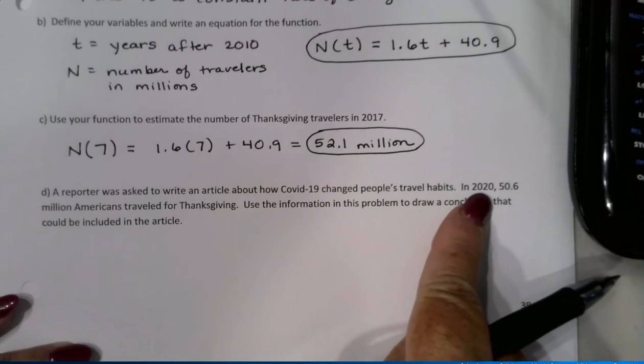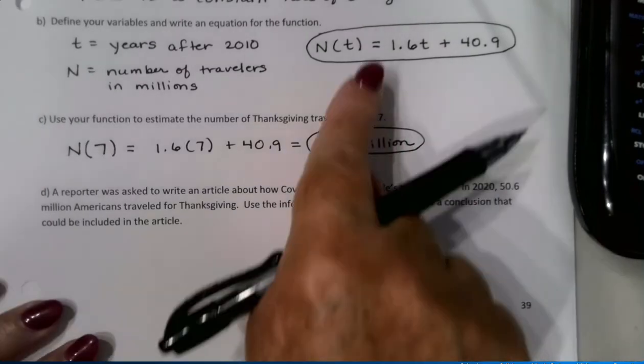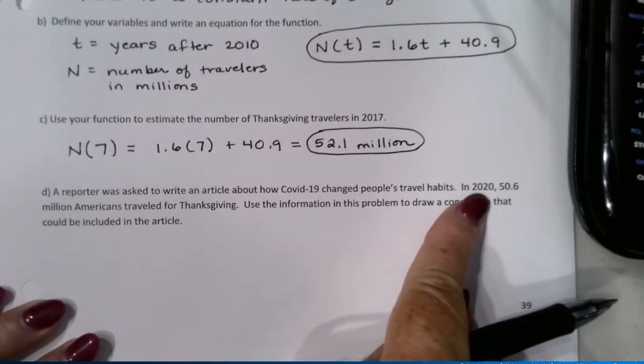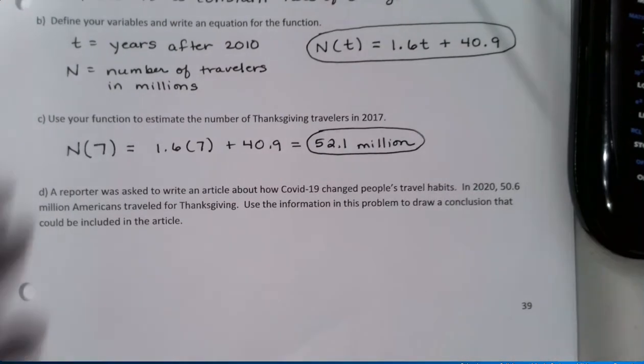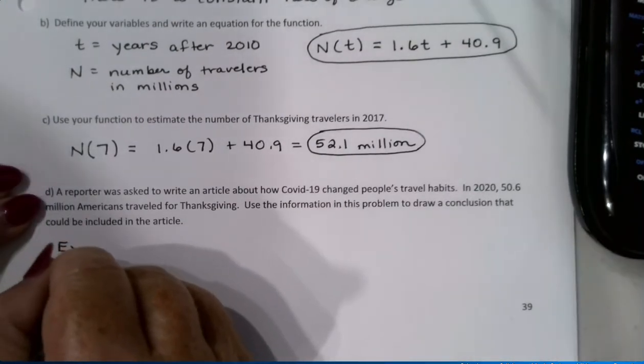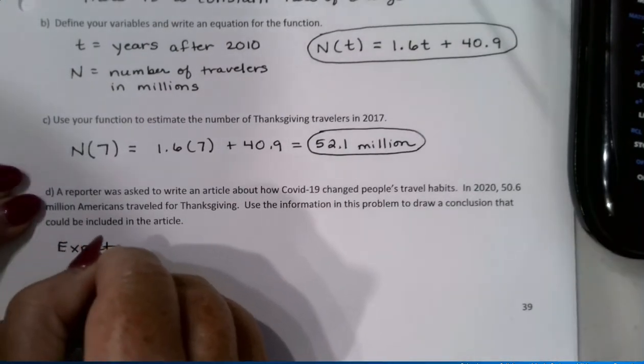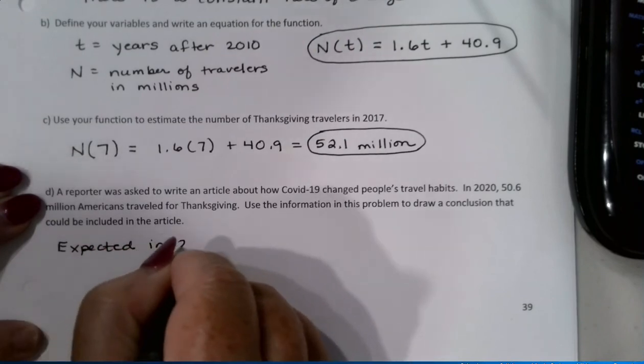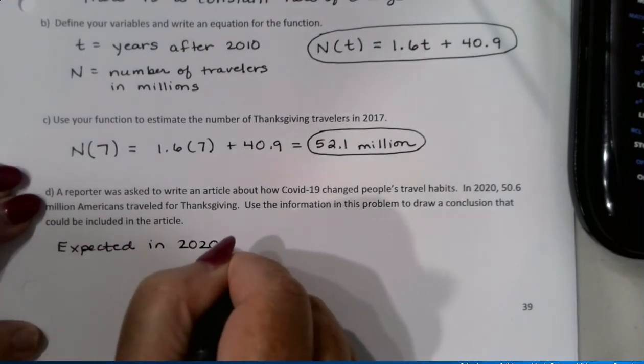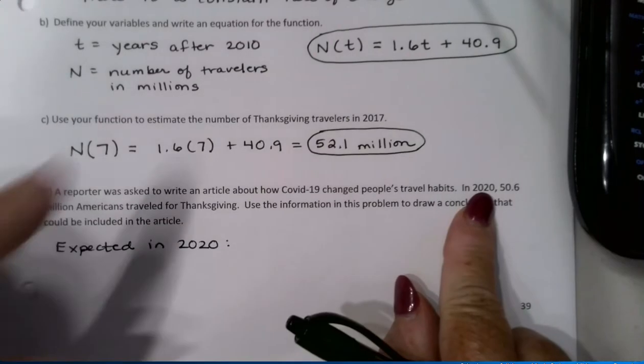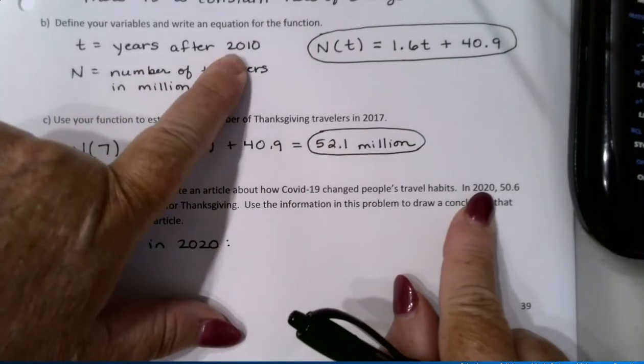So I'm going to say, well, let's see. How many, based on our function, would we expect in 2020? Well, 2020 is 10 years after 2010, so I want to plug in t equals 10.